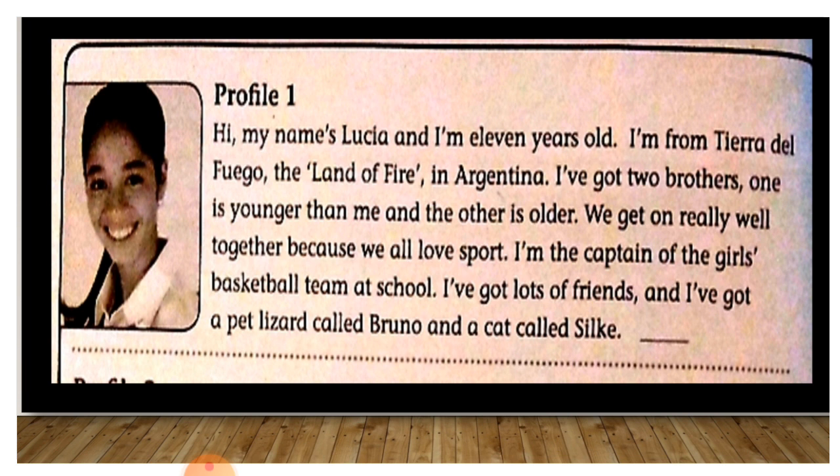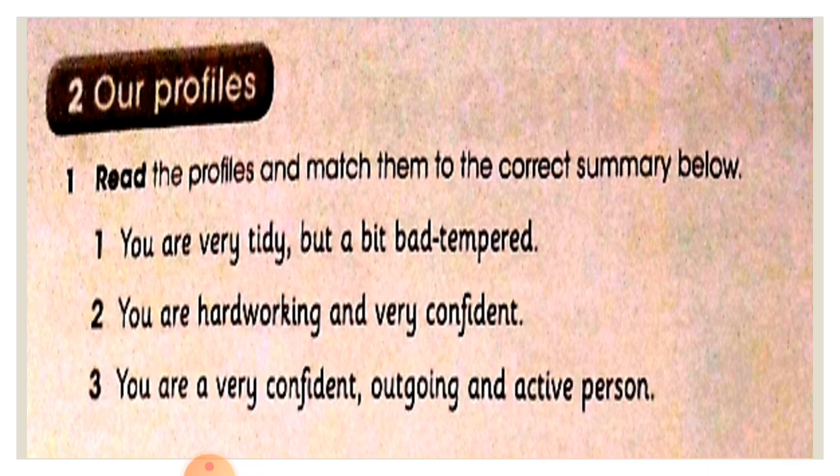She has lots of friends, and then at the end she tells about her hobbies. Okay, so this profile summary is related to these 3 points. Now we can figure out which summary belongs to this profile. Means this profile is completely telling us that she is a very confident, outgoing, and active person.